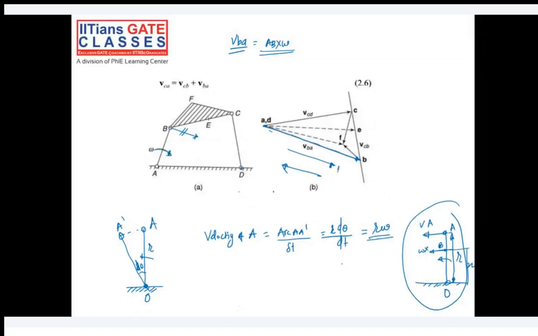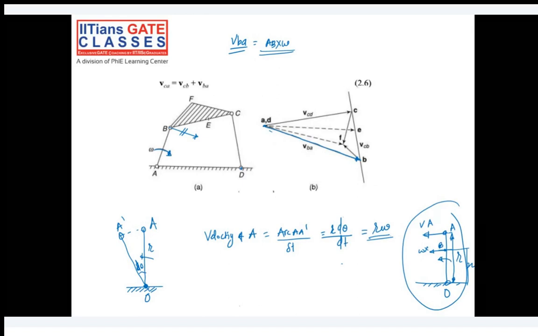Then we draw a perpendicular to BC, and from CD also a perpendicular line, and wherever they cut, you get point C. So VCD is perpendicular to CD, and VCB is perpendicular to the BC link.